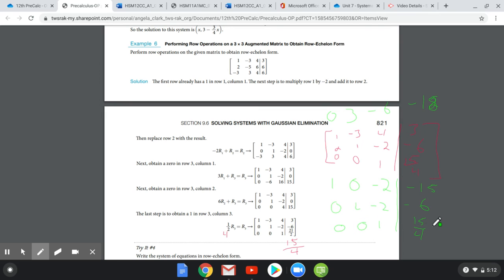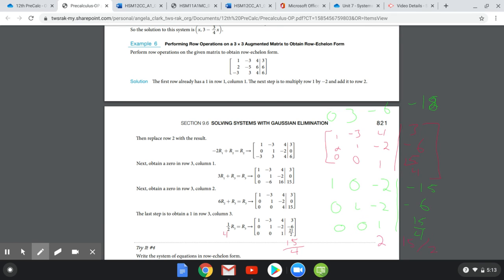So we're going to multiply the bottom by 2. And then we're going to add the top and the bottom, and we're going to put it in the top row. So if I multiply this by 2, I'm going to get 2 and 15 over 2. And then I'm going to add.